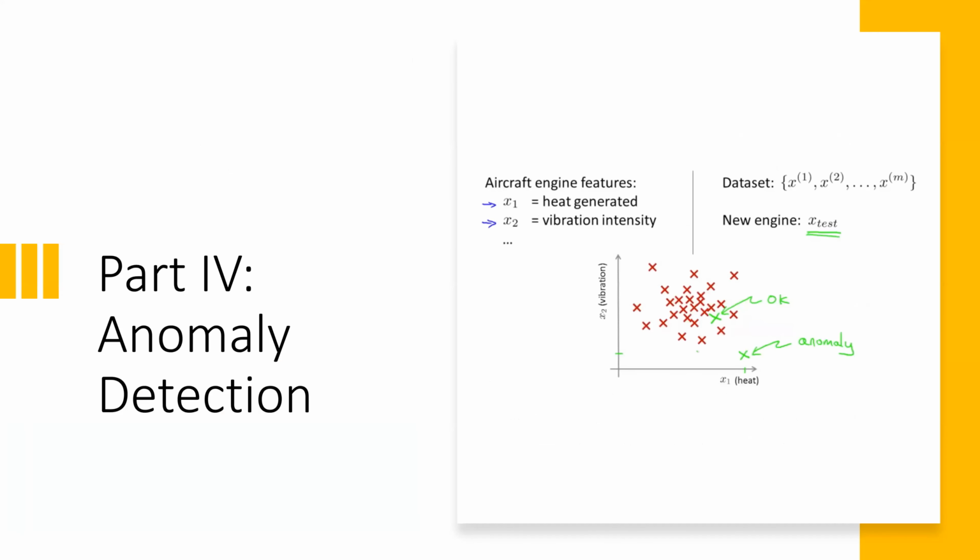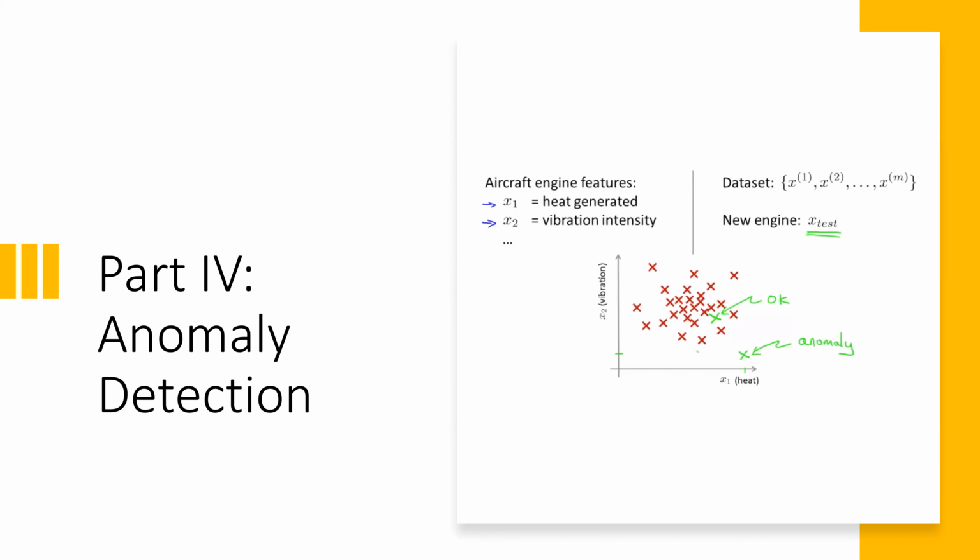So what do we use this for? Well, what my team is currently doing is using this for anomaly detection. Anomaly detection is, given a data set, trying to detect an outlier. In this case, let's make a scatter plot of 2 features of an aircraft engine: the heat generated and the vibration intensity.